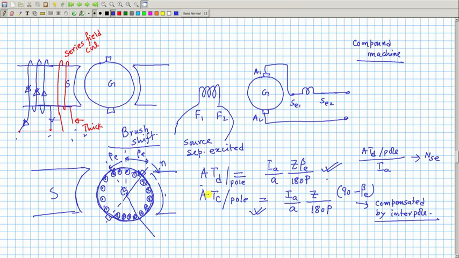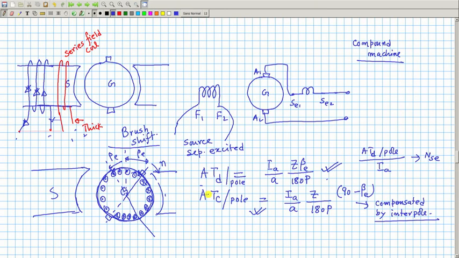So, the cross magnetizing ampere turns per pole can be compensated by connecting, say, the interpole only, and you decide about the number of turns.